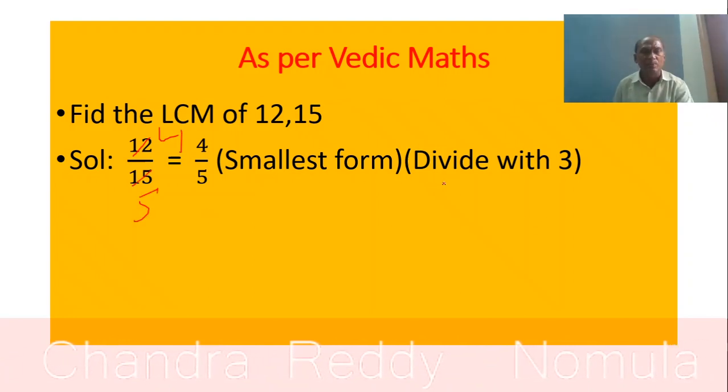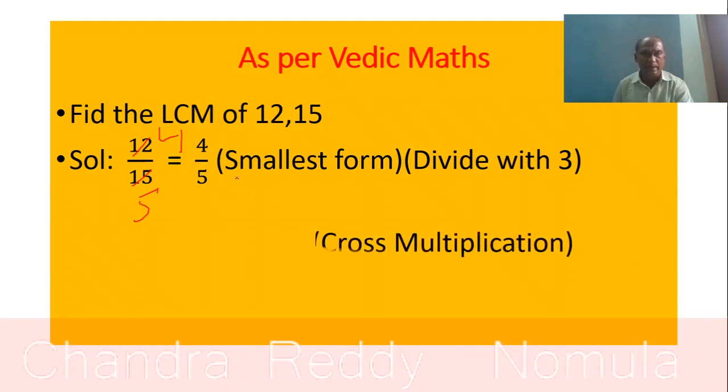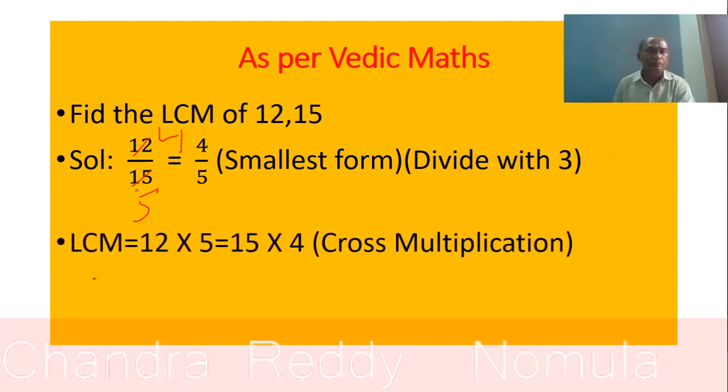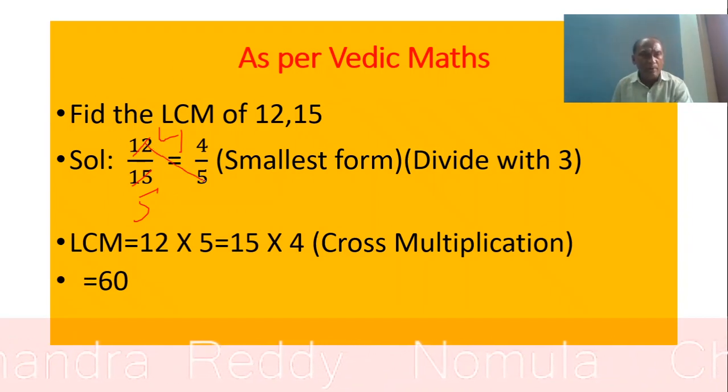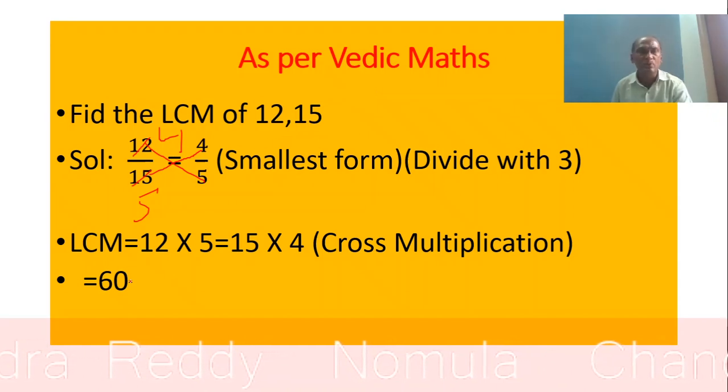The smallest form is 4 by 5, divide with 3. Next, here 12 into 5 is 60, 15 into 4 is 60. Therefore, as per Vedic maths, the LCM of 12 comma 15 is equal to 60.